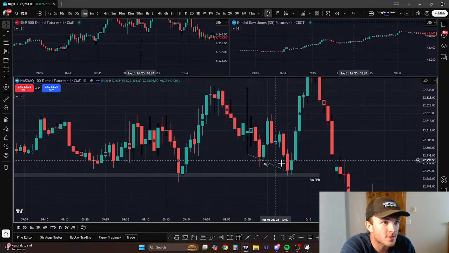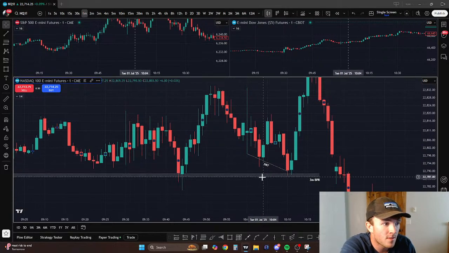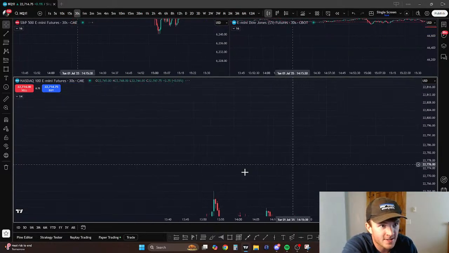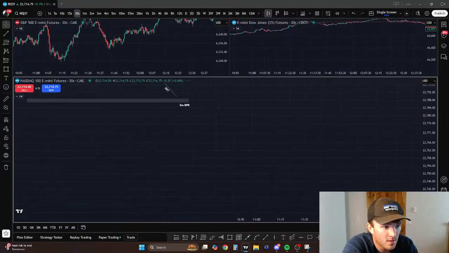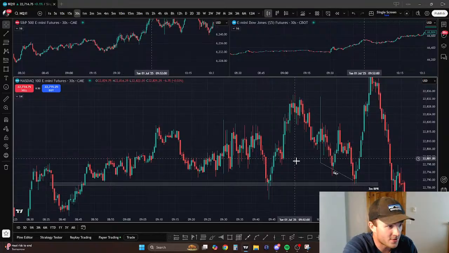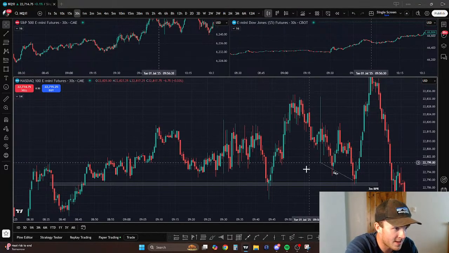SMT, that looks right. And then yeah, I really liked this trade. I was already in a trade though, but I did like it.